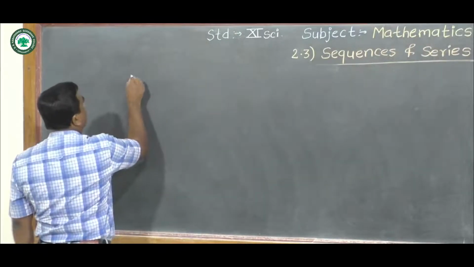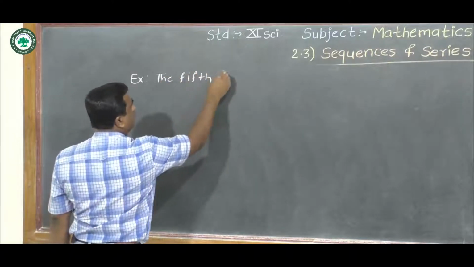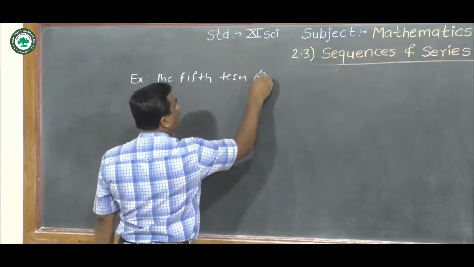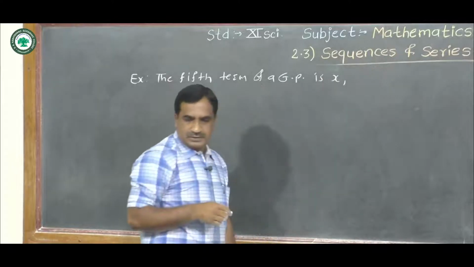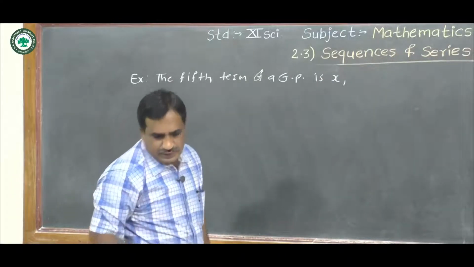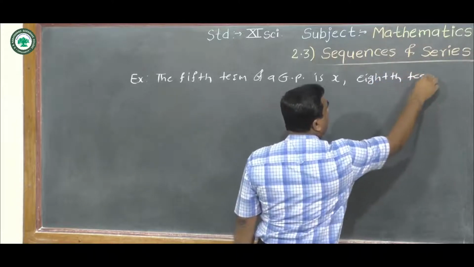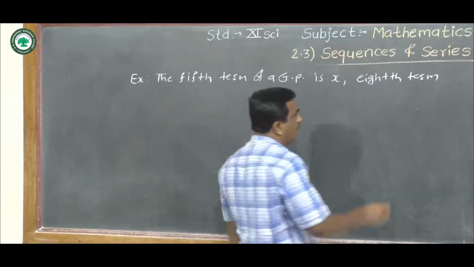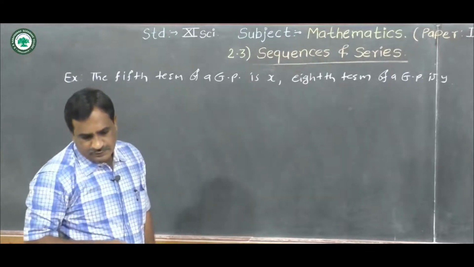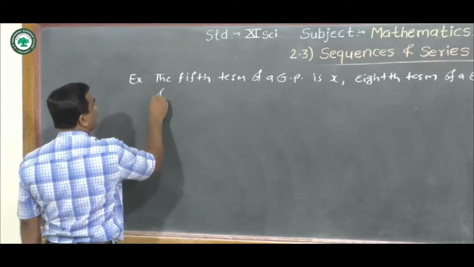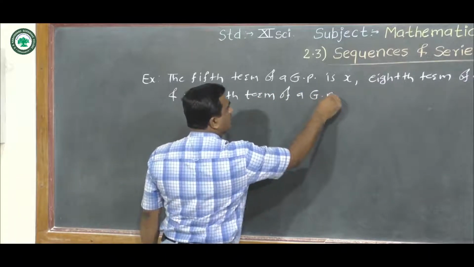Next example: the fifth term of a GP, geometric progression, is x, the eighth term of the GP is y, and the 11th term of the GP is z.